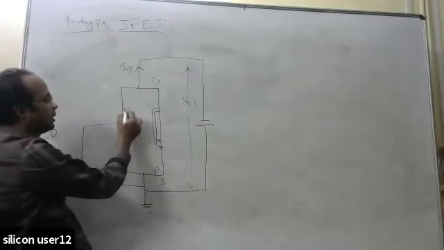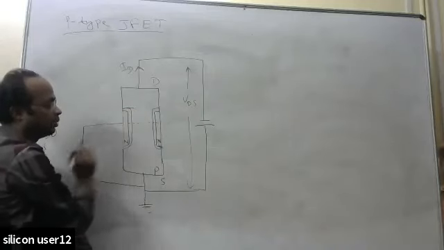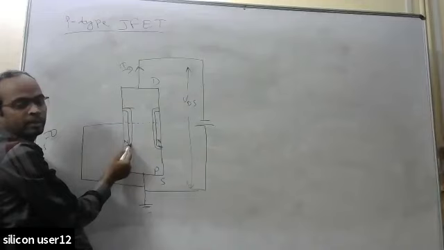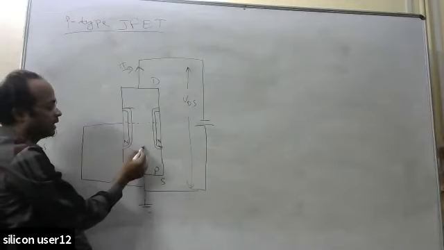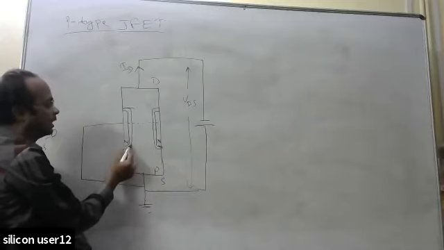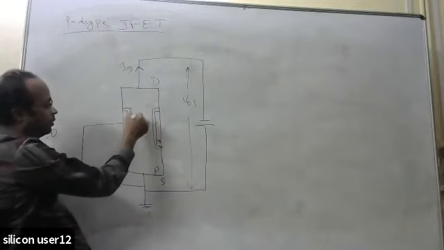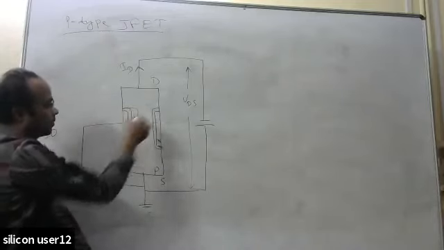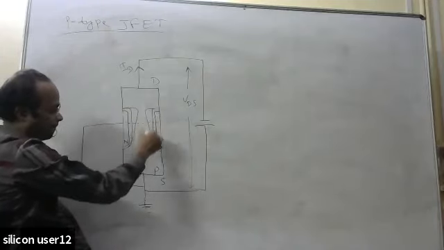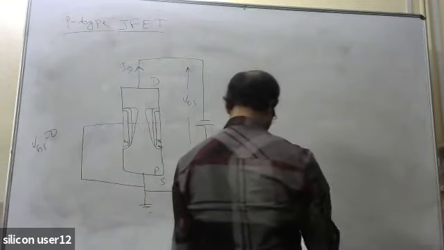So this thickness will increase, but here that phenomenon will be less, because here the negative voltage magnitude is less. So here it will be less thick, and here it will be more thick. That's why it will be like this.